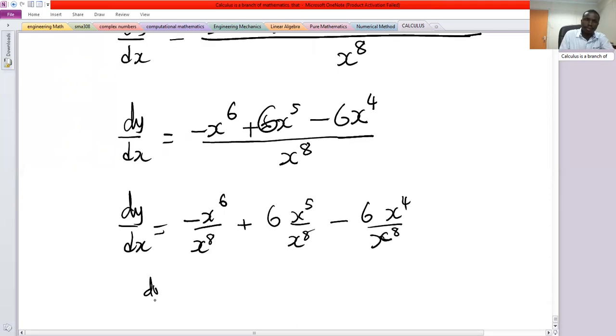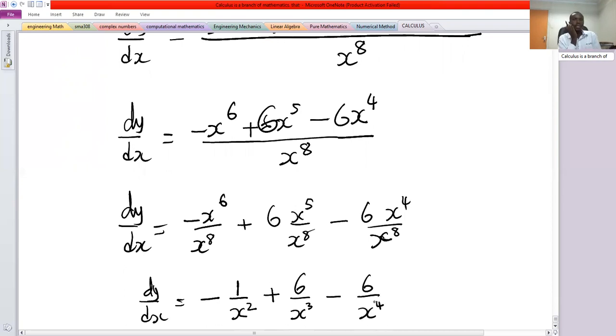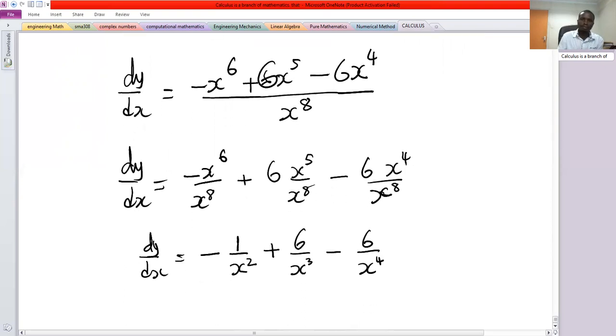And it's not hard to see that dy dx will be negative 1 over x squared plus 6 over x power 3 minus 6 over x power 4. So that's dy dx for that problem.